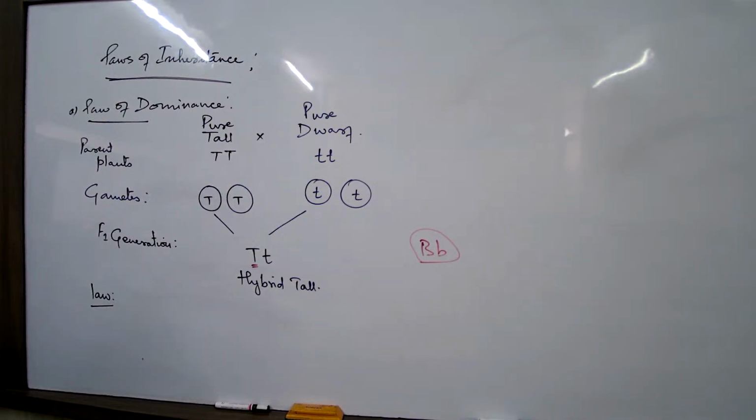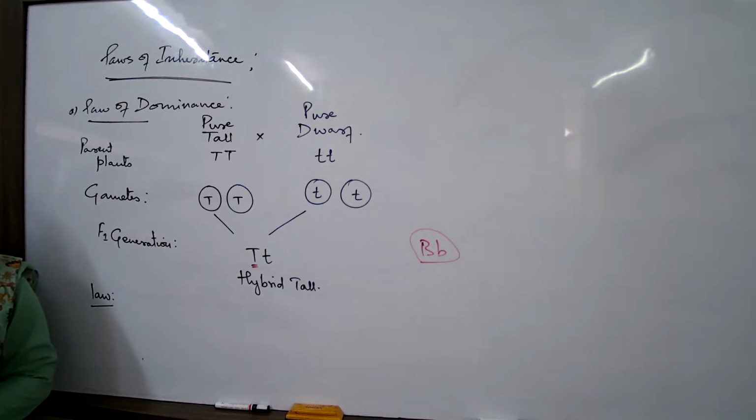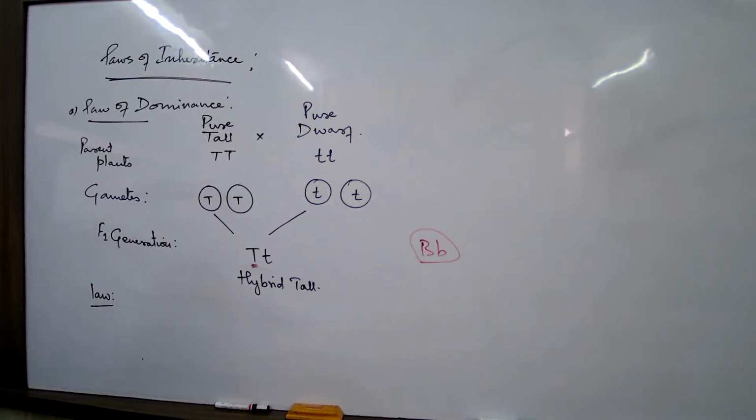Law, you write: out of a pair of contrasting alleles in the F1 hybrid, the allele that expresses is known as the dominant allele.